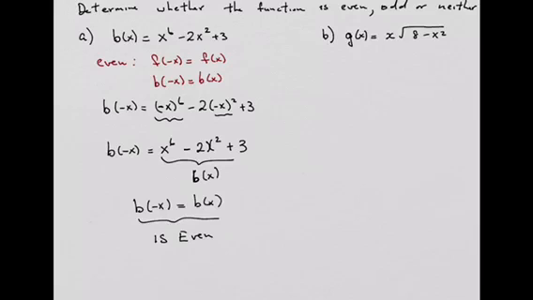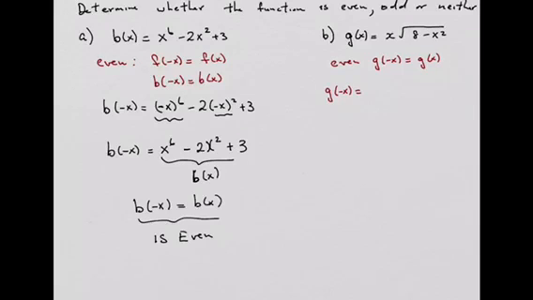In part B, we'll check for even again. So for even, we know that g of minus x must be equal to g of x. So what is g of minus x?